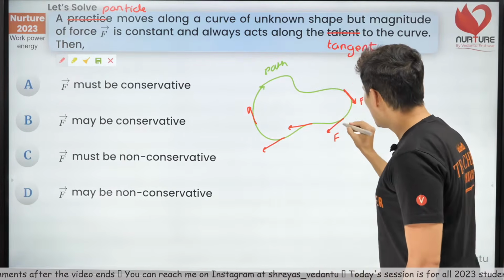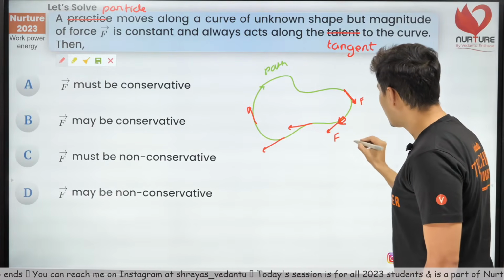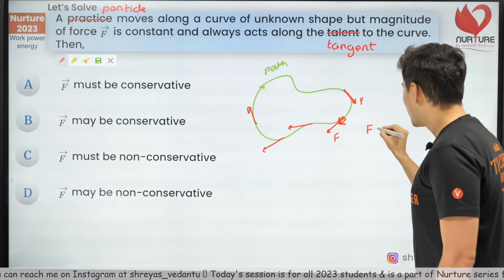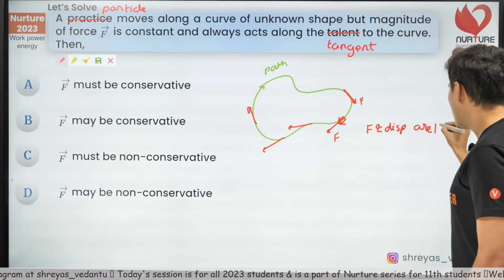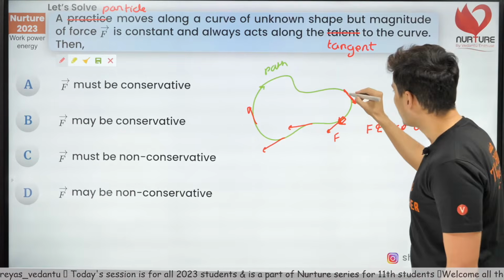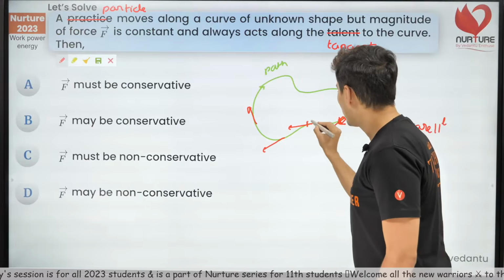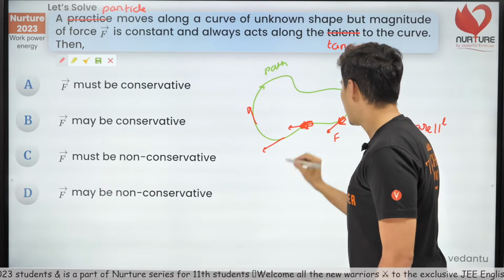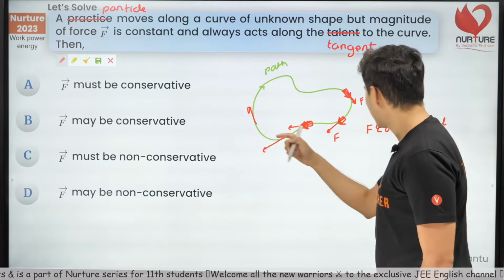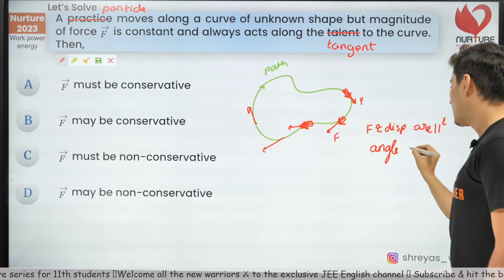For each small displacement, the force and displacement are parallel everywhere. Displacement and force are always in the same direction, so the angle between them is zero.